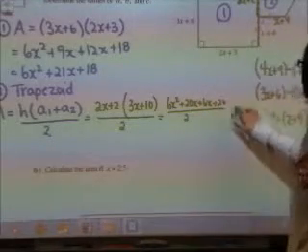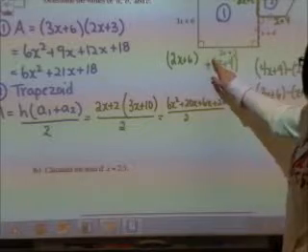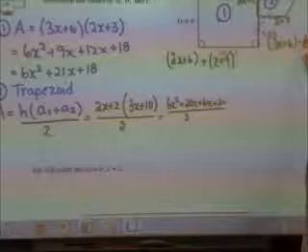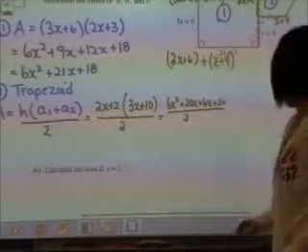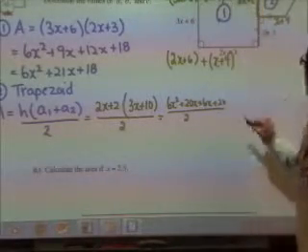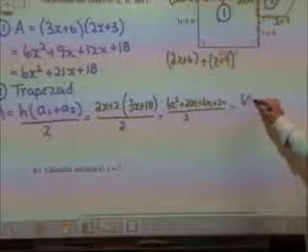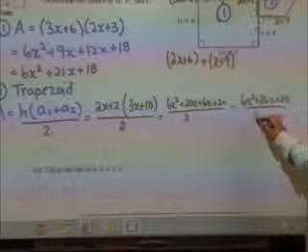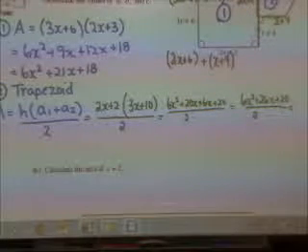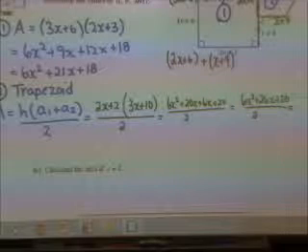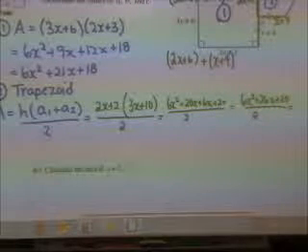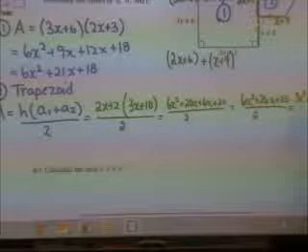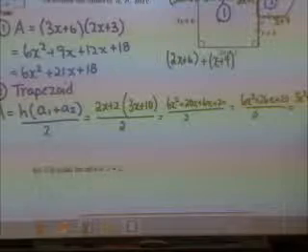I'll move some of these things over here. So then I've got 6x squared plus 26x plus 20 divided by 2. Divided by 2 means I basically take half of everything. So what's half of 6x squared? 3x squared. Half of 26x is 13x, and half of 20?